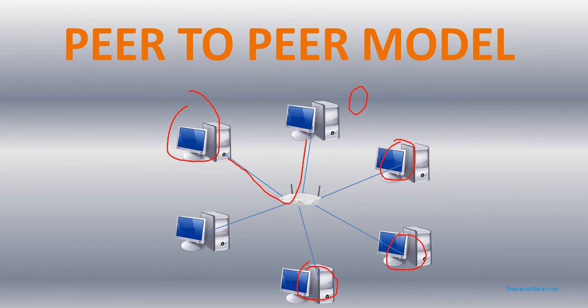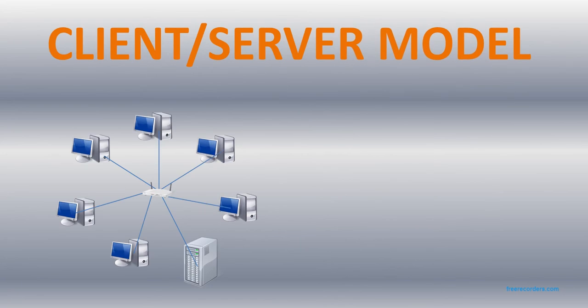So when you get to this point where you're outgrowing the peer-to-peer model, you need something that's going to better serve your needs. And that something is a client-server model. So we have a similar network here on the left-hand side, but instead of all PCs, we have thrown one server into the mix here. And there he is, right there.